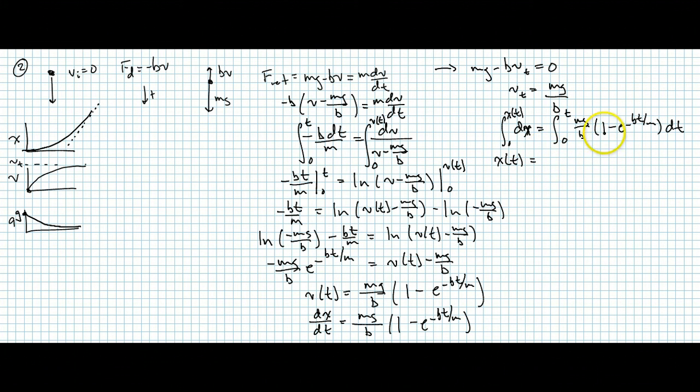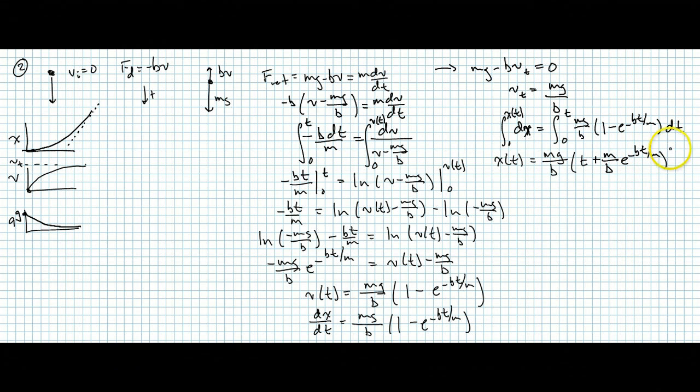Right side, I'm going to think of this as doing it in two terms. So mg over b times t. And the integral of this is negative m over b e to the negative bt over m. So this negative negative is going to make it a positive m over b e to the negative bt over m.